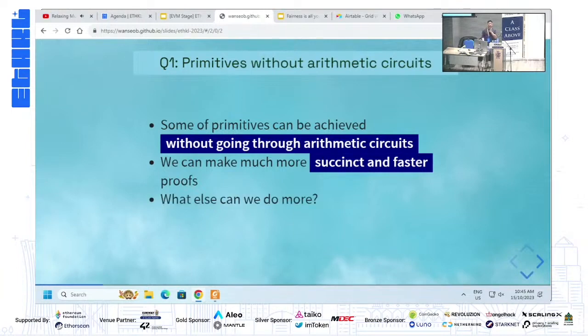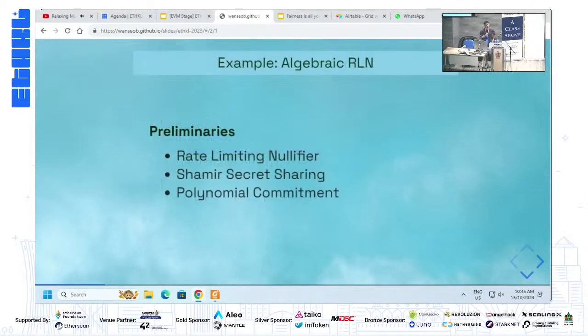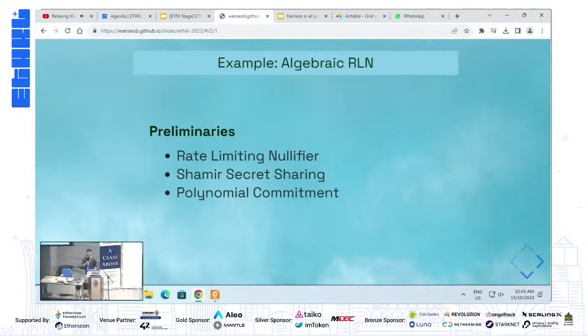I will give you a more detailed explanation about what this means. So I have a good example, which is an algebraic rate limiting nullifier, and I would like to explain what rate limiting nullifier is. And to understand this, we should visit the Shamir secret sharing and the polynomial commitment scheme a little bit.